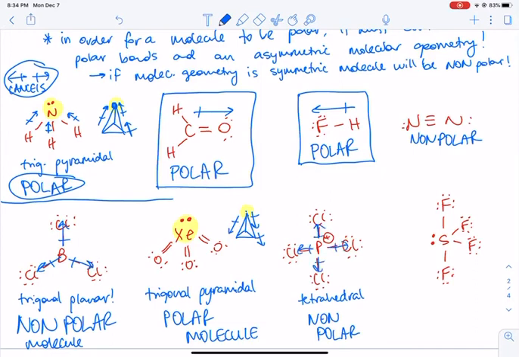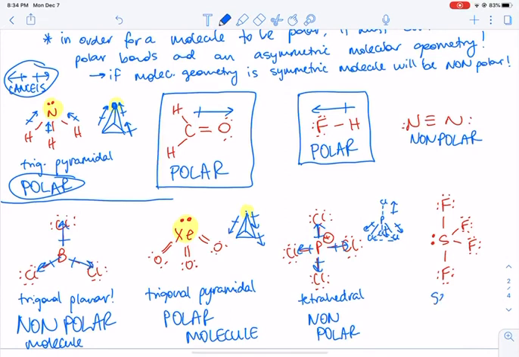Now you know that tetrahedrons, right, are not actually flat. They kind of look like this, sort of like that, right? So all of these dipole moments are facing away from each other, and it may not be so clear, but they do all ultimately cancel out.